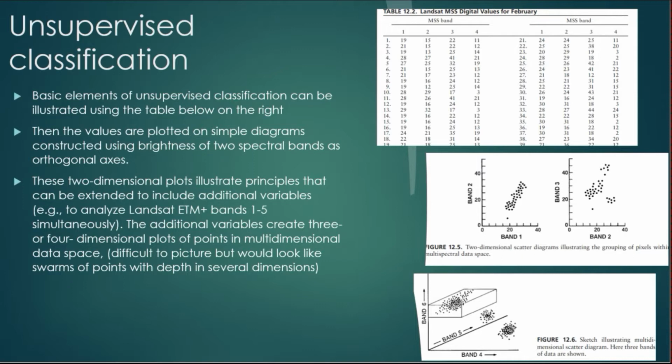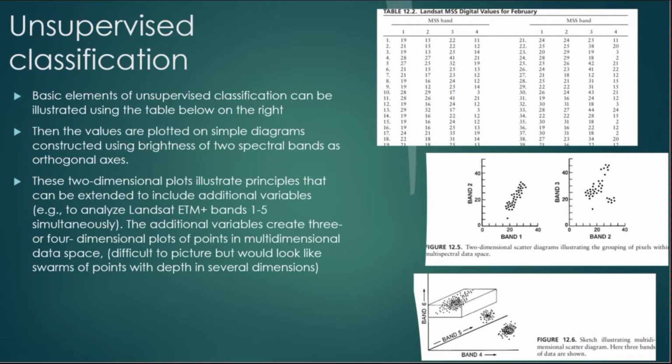And so then these values are plotted on simple diagrams constructed using brightness of the 2 spectral bands as orthogonal axes. And so you can see that in the middle image on the right, this 2-dimensional scatter diagram illustrating the grouping of pixels within multispectral data space. So it groups these pixels with similar values, and those groupings are what we call clusters.